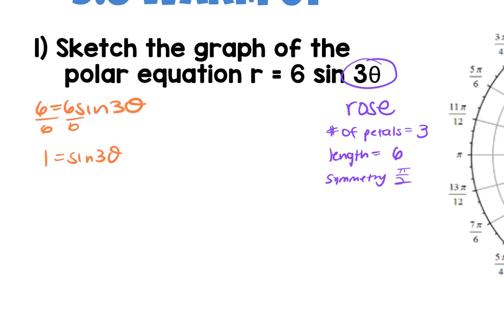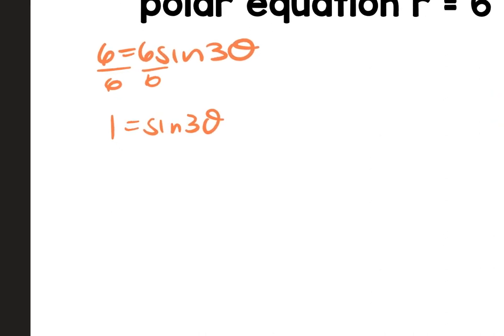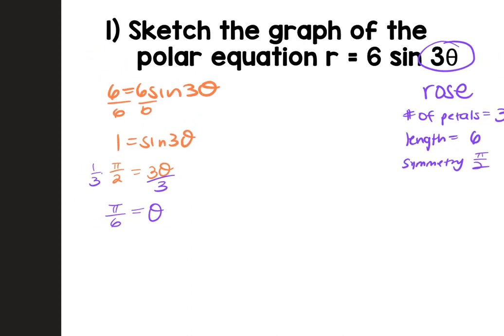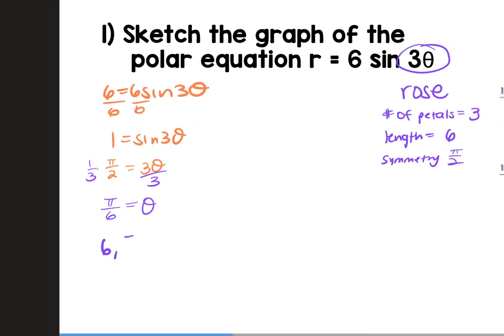I have to figure out what angle it is first and then set it equal to 3 theta. So where is sine 1? Pi over 2. So pi over 2 equals 3 theta. Then I divide both sides by 3, or multiply by 1/3, and I get my petal is at pi over 6. So 6, pi over 6 would be that coordinate point.